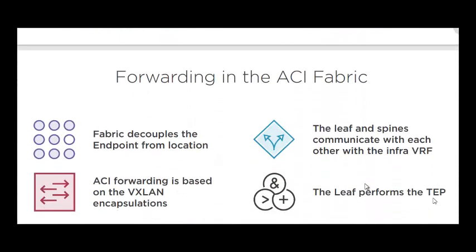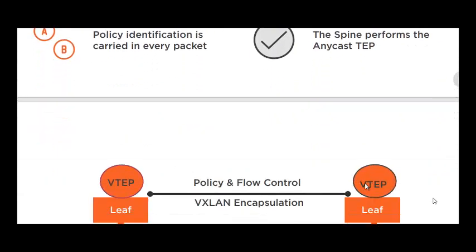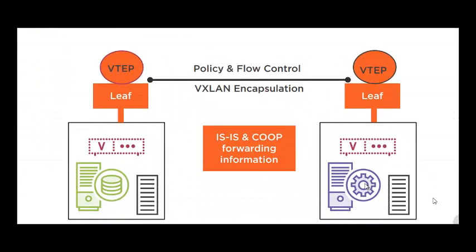Right? And then for every traffic, there is a policy, there is a flow control, there is a VXLAN encapsulation. I also said COOP is involved for the spine to know about the endpoint information such as MAC address and IP address.